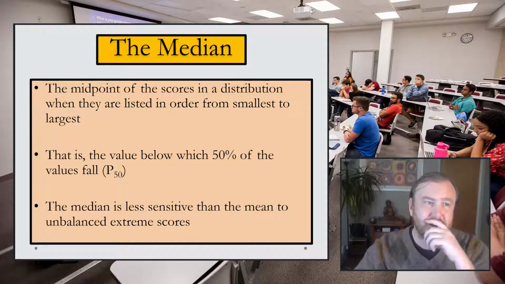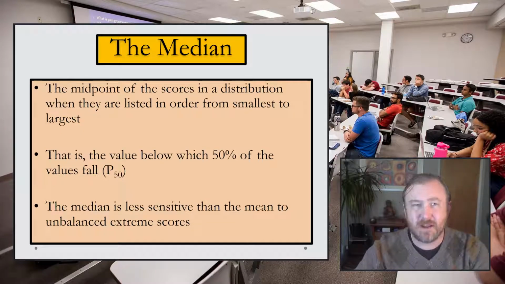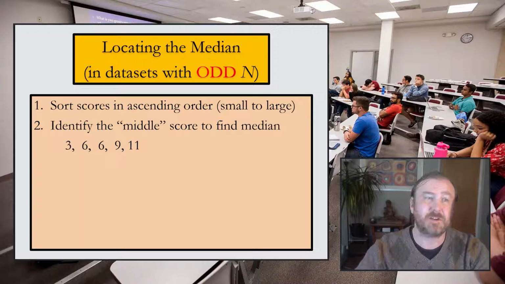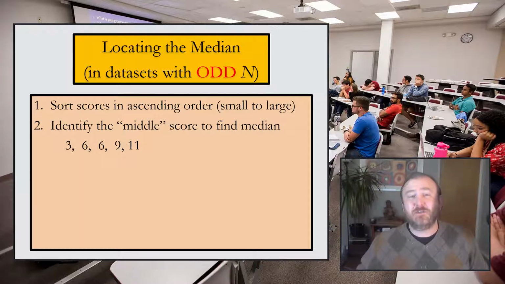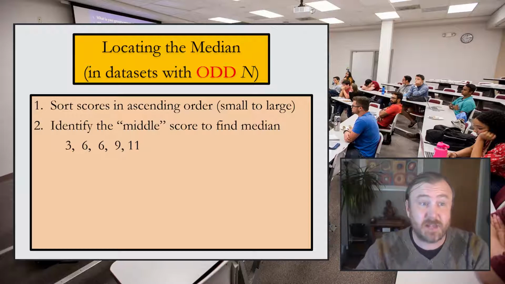So how do we do this? To locate the median, we have a slightly different method for odd and even numbers of participants. Basically, you sort them from smallest to largest, and then identify the middle score. In this case, the middle score is 6.